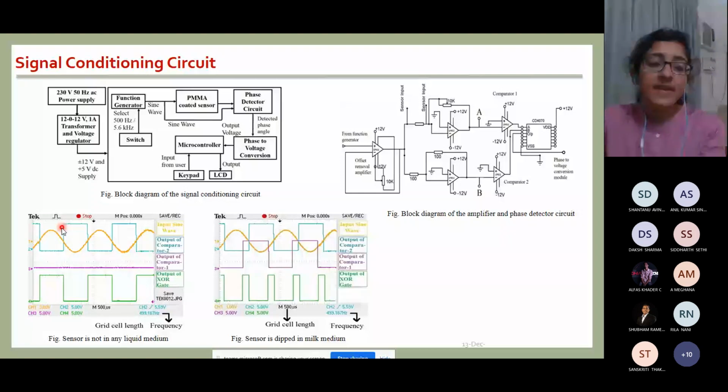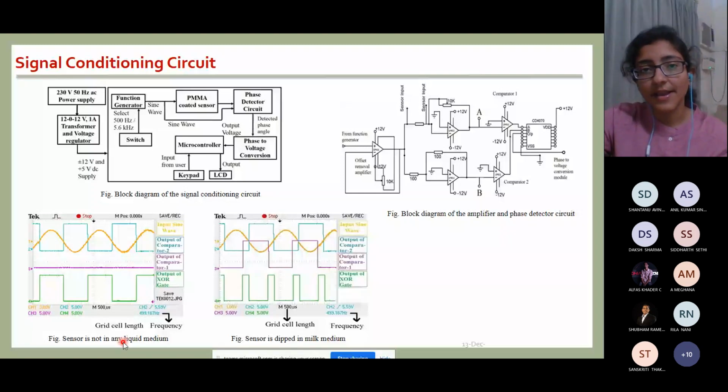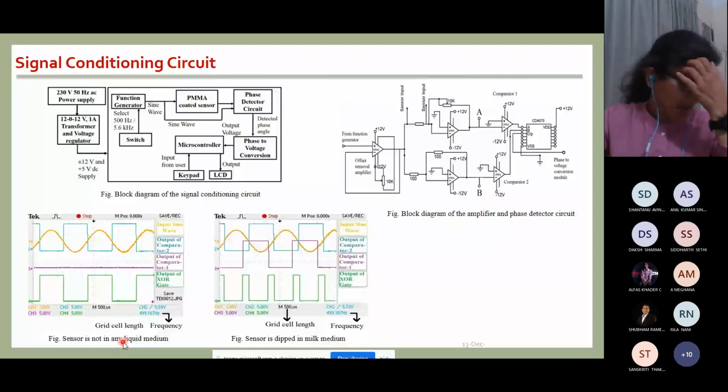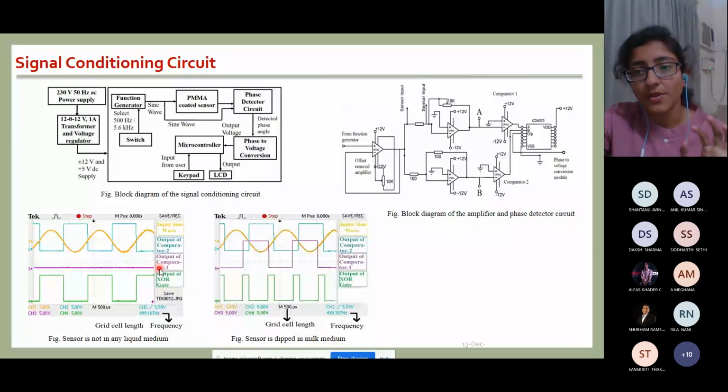When the sensor is not dipped in any liquid media, maybe in calibrating solution or in the milk, just the open sensor, this is the output of comparator one, the first input of the XOR gate. And when it is dipped, we get another square wave as the output.